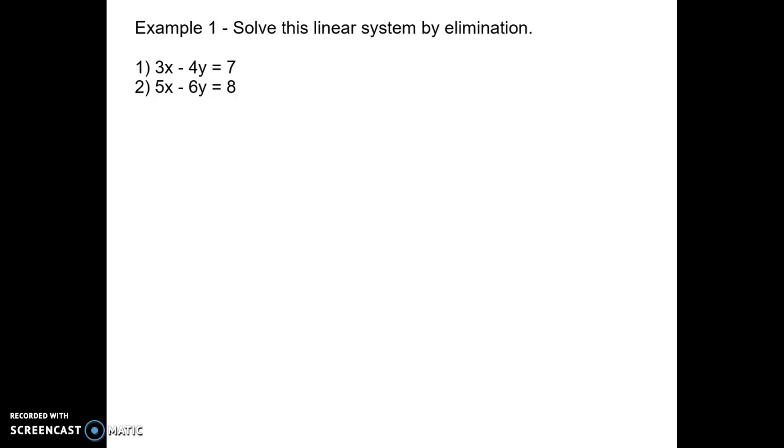Again, I want them to be the same number but opposite signs so that I can add the equations together and get rid of it. So what I'm going to do first is multiply everything in equation 1 by 5 and multiply everything in equation 2 by -3. Again, I'm trying to get the x leading coefficients to have the same number in front, but opposite signs.